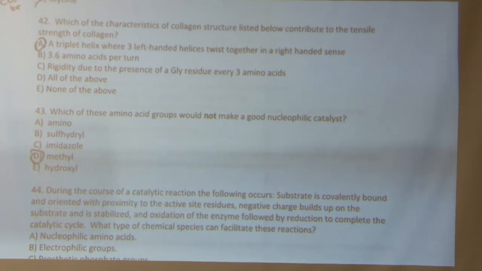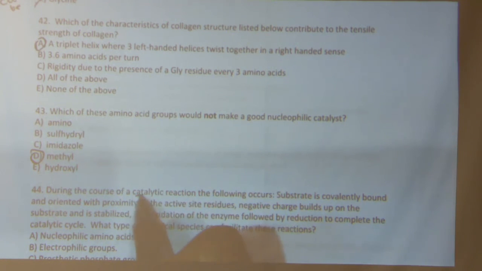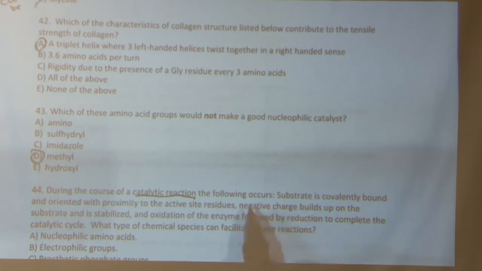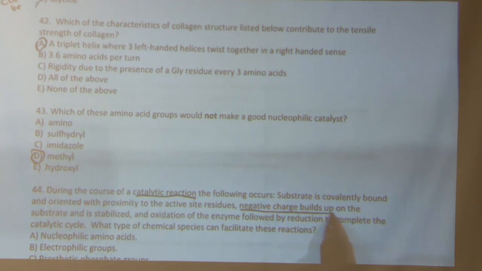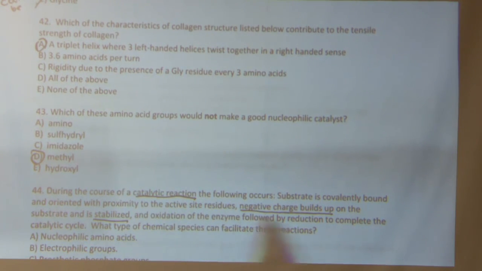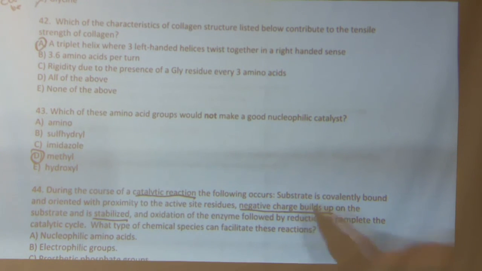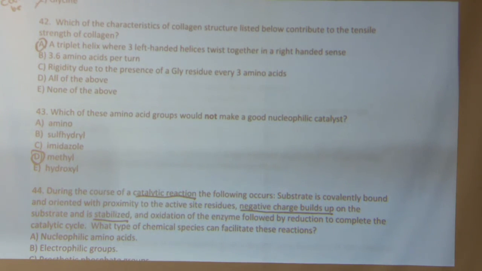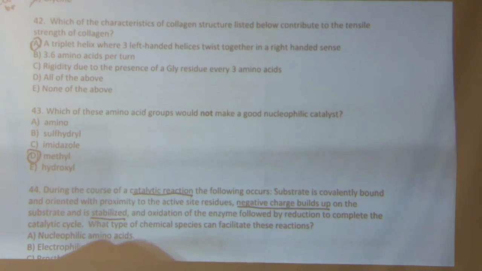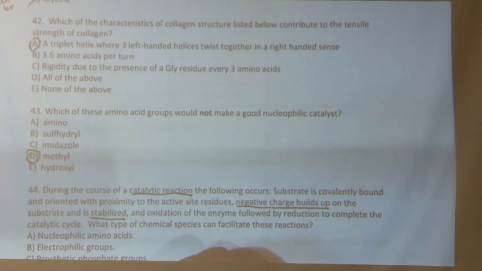What type of chemical species can facilitate these reactions? I see negative charge and stabilized. What's something we just talked about that has negative charges on it, but then we have a positive charge that stabilizes it? Magnesium. So transition metal ions, an example being magnesium.